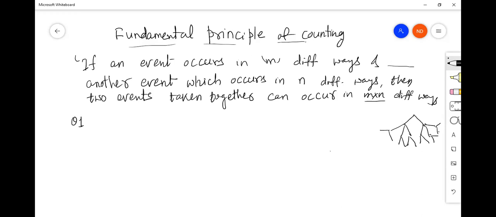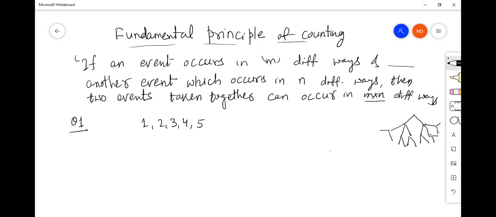First question is, how many three-digit numbers can be formed from the digits 1, 2, 3, 4, 5 if no digit is repeated?